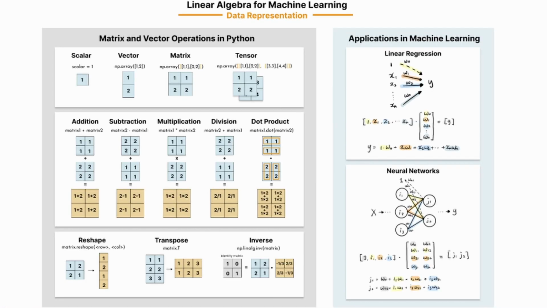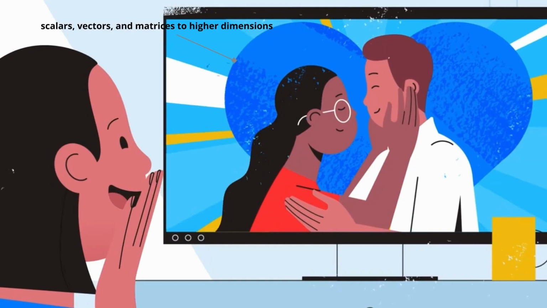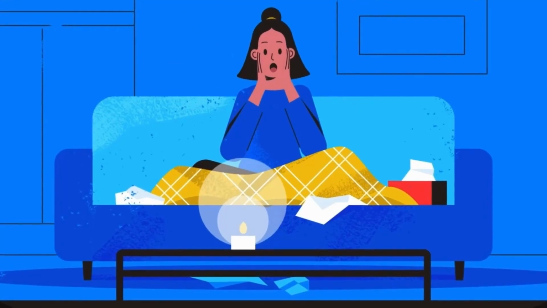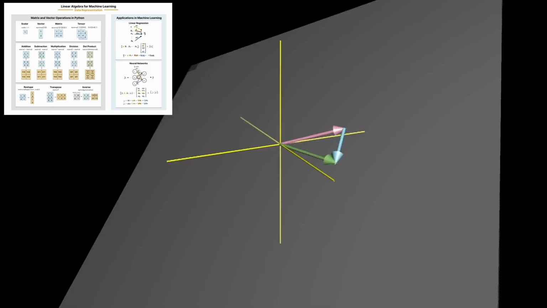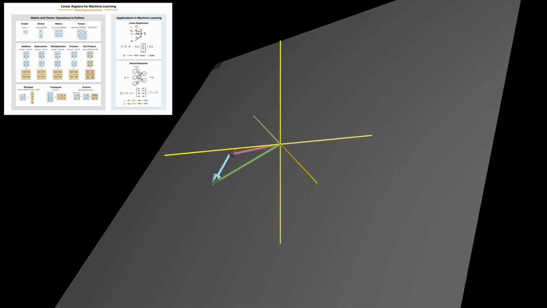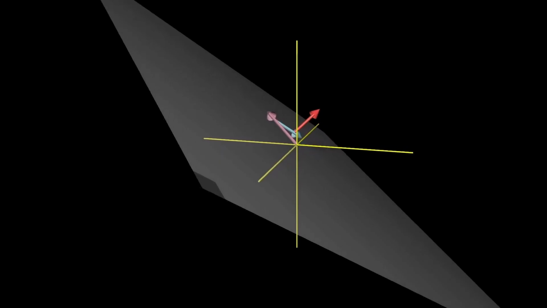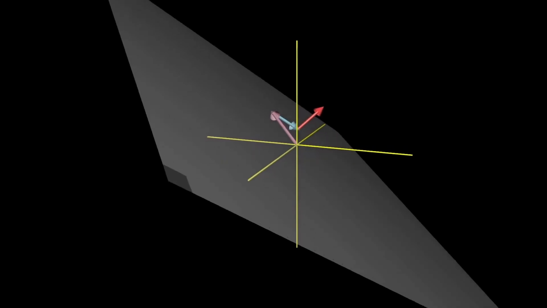We go way past matrices into higher order tensors. Yeah, think about a standard RGB image on a screen. You might picture it as a flat grid of pixels, a 2D matrix. But it's actually a rank 3 tensor. It's got height, width, and then that crucial third dimension for the red, green, and blue color channels. So without that third dimension, you'd be losing all the color information, all the context. You'd be losing almost everything.